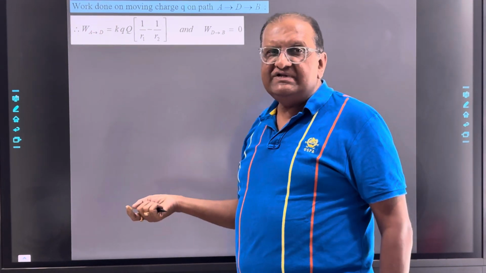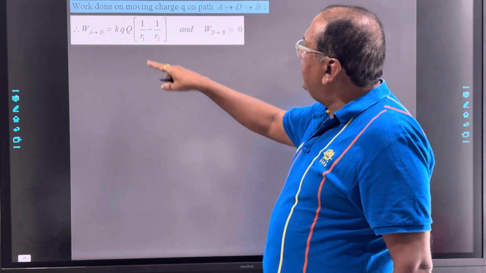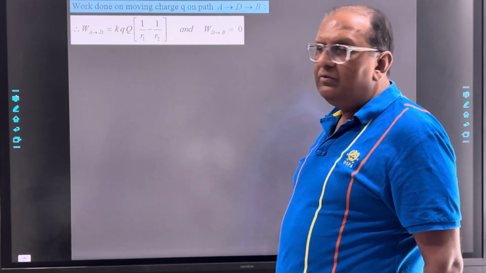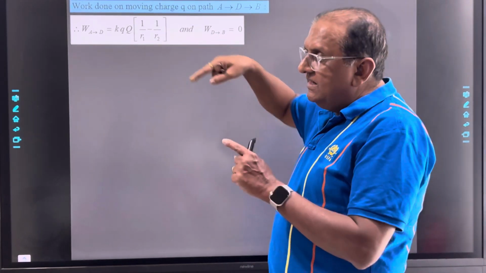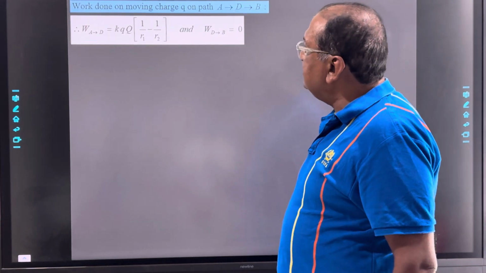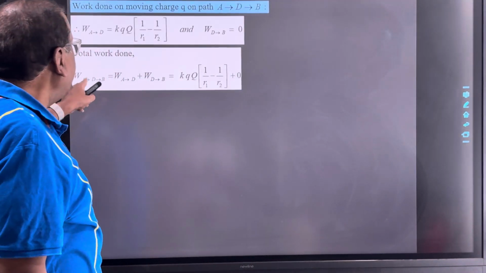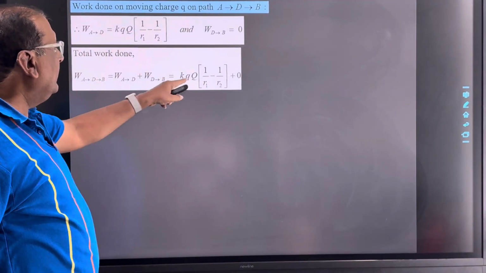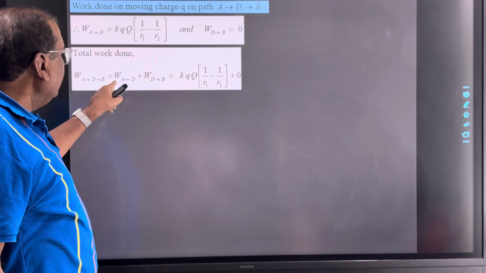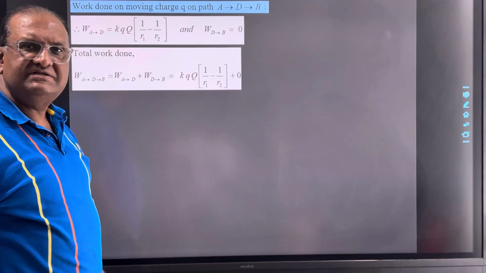As previously calculated from C to B, like that we can write kQq into 1 upon R1 minus 1 upon R2. And similarly D to B on the curved path, work done is 0. So again total work done on the path ADB is kQq into 1 upon R1 minus 1 upon R2, from A to D, and then from D to B it is 0.